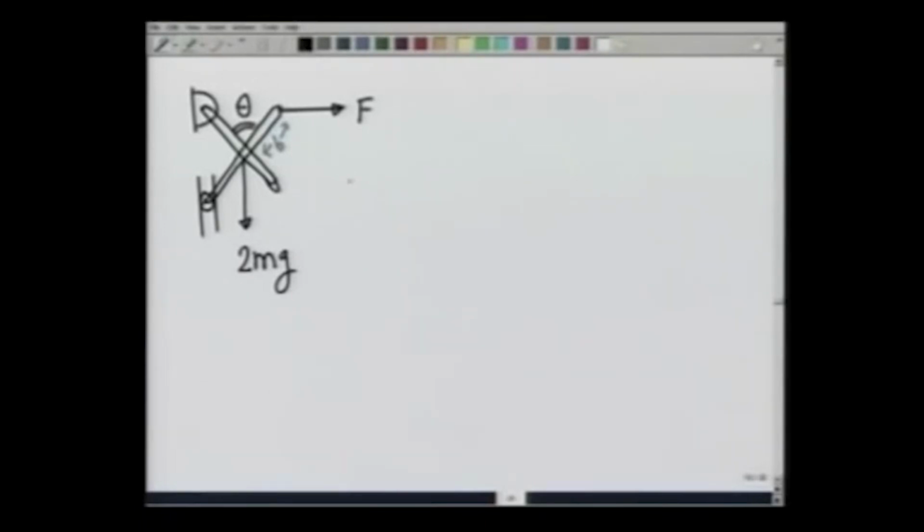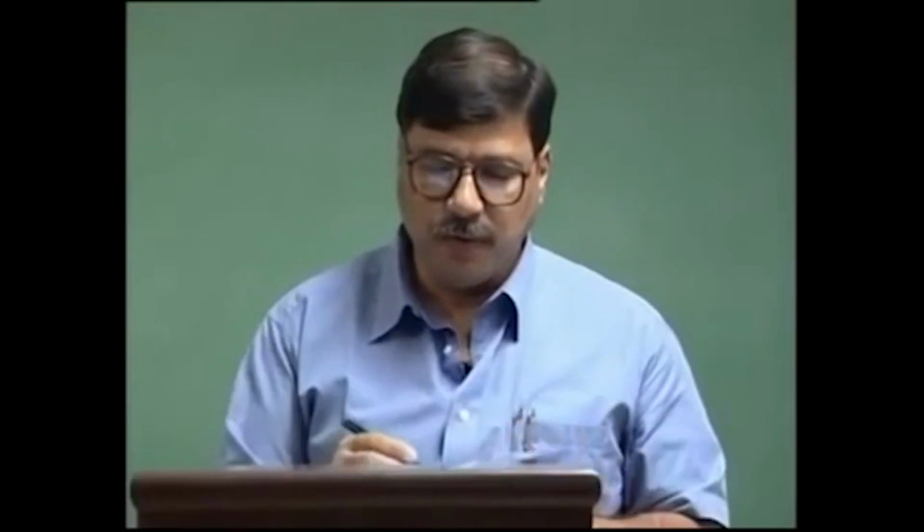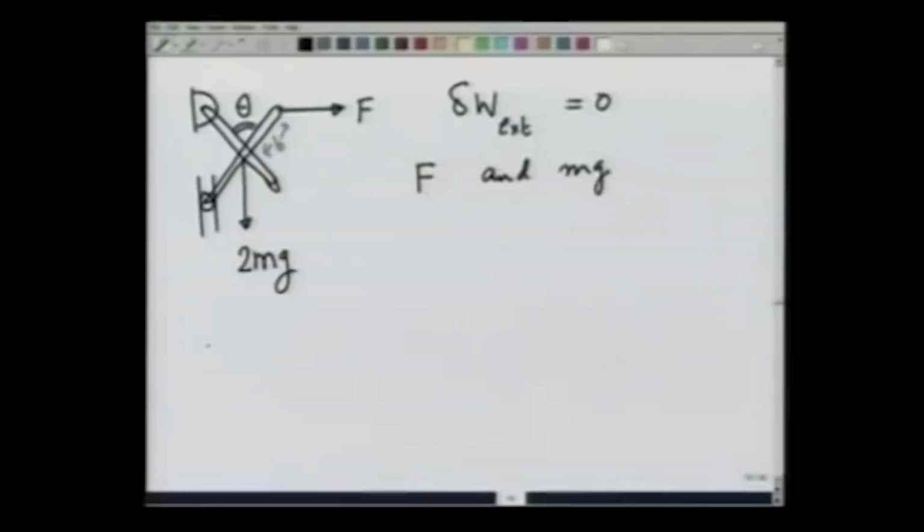The constraint forces again do not do any work, and therefore delta W, external forces only, should be 0. The two external forces that are there are F and mg. Let us make a virtual displacement of the system. What would a virtual displacement be? Virtual displacement will be to make this angle larger.